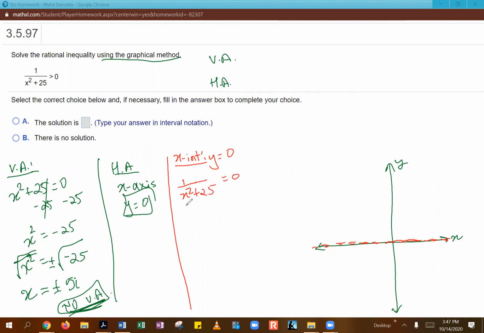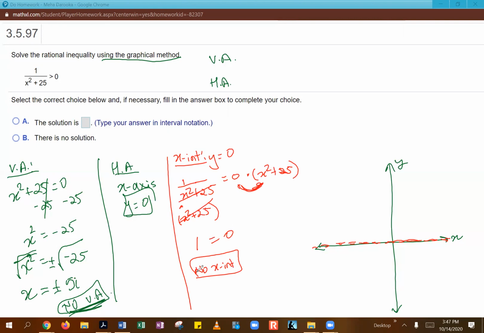To get rid of the denominator, we would need to multiply both sides of our equation by this denominator. They would cancel out here, but on the right-hand side, you're multiplying them with 0. So you would actually end up with a 0, so that means we have no x-intercept. And we saw that in our graph on Desmos.